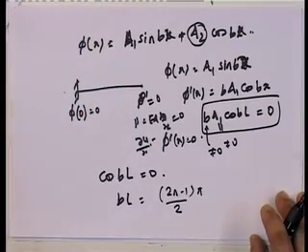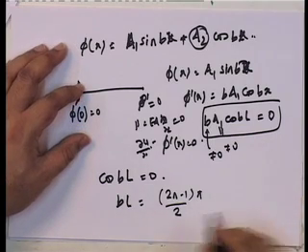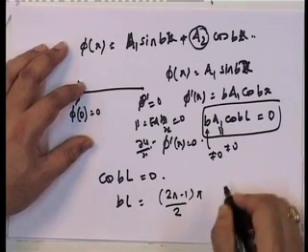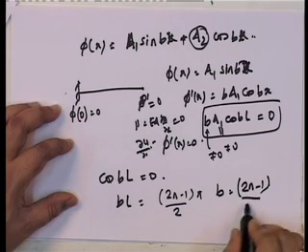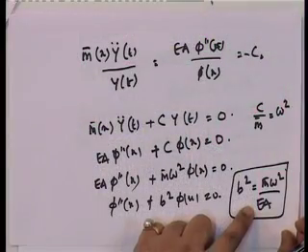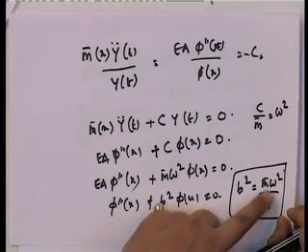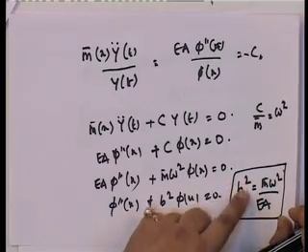That is for this particular situation. That means b is equal to (2n minus 1) upon 2 into pi by L, and once we substitute the fact that b squared is equal to m bar omega squared upon EA, we have omega equal to the square root of EA upon m bar into b.